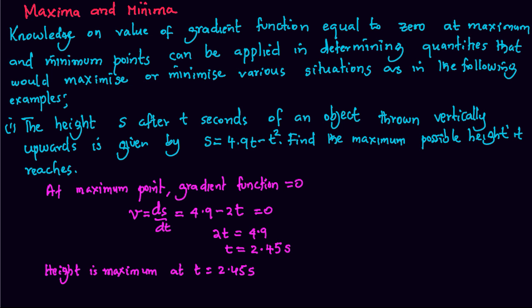So we substitute this into the equation and we find that the maximum height s will therefore be equal to 4.9 times 2.45 minus 2.45 squared.